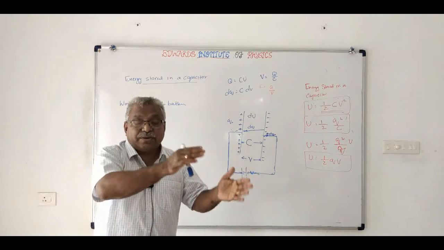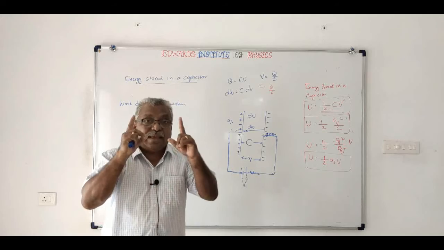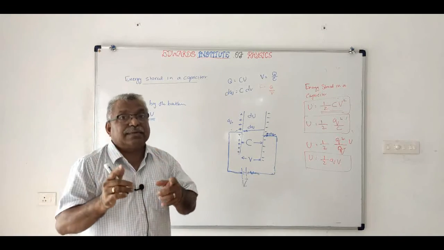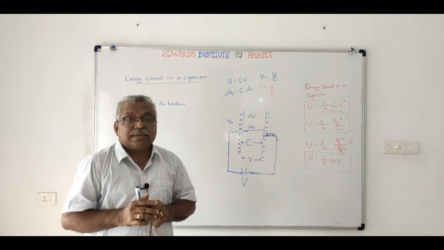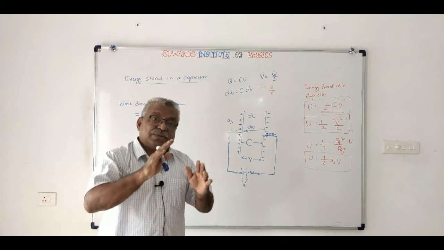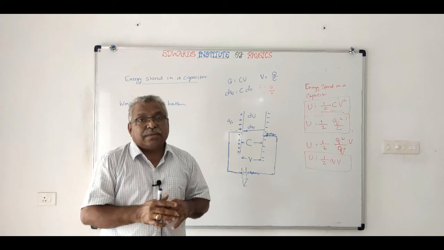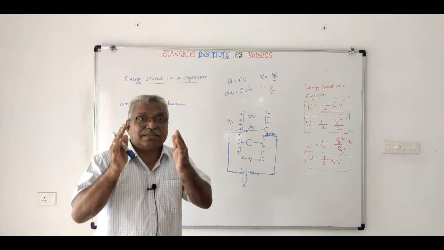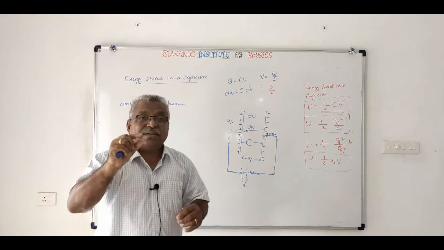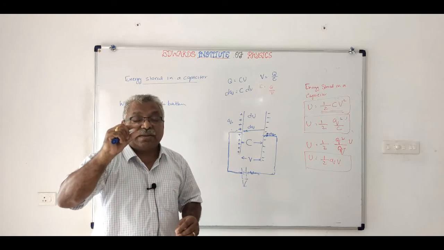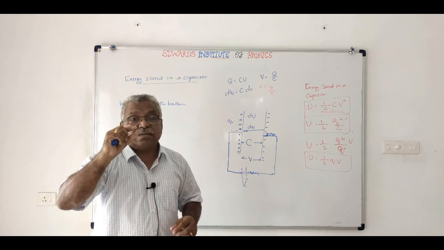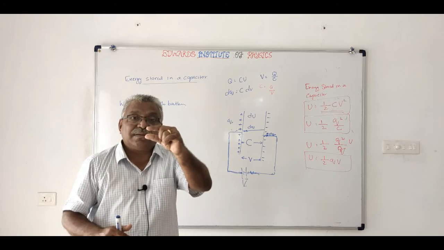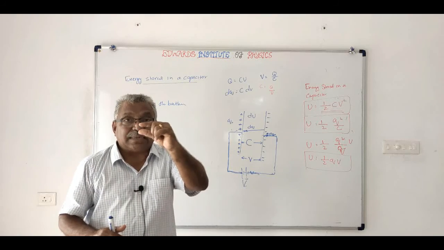Every battery that you are going to study in current electricity, every cell, is having an internal resistance. Without internal resistance you cannot create a battery. So that energy will be gone within the battery itself. The battery itself gets heated.